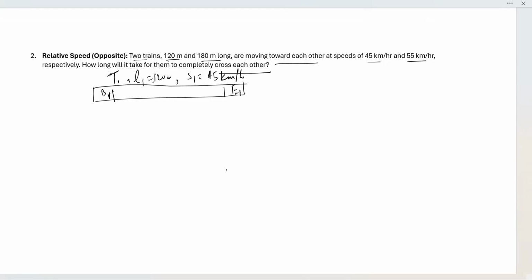This one is moving this side, and the other train will be moving this side. The trains could be anywhere, but our question starts when the engines of both the trains are in line. So this is the line. The other train is this one. Pardon my drawing.